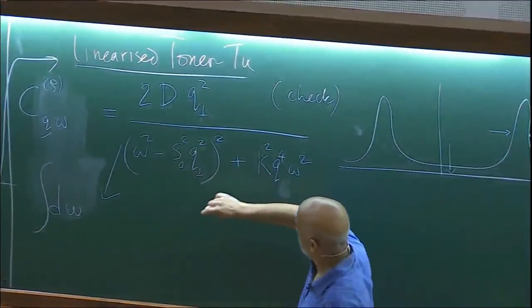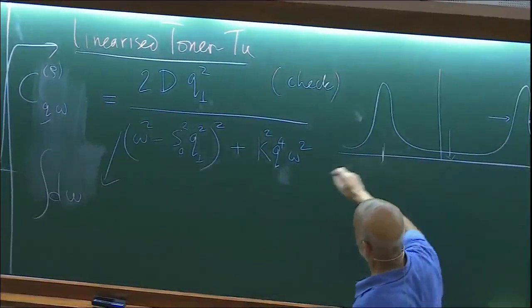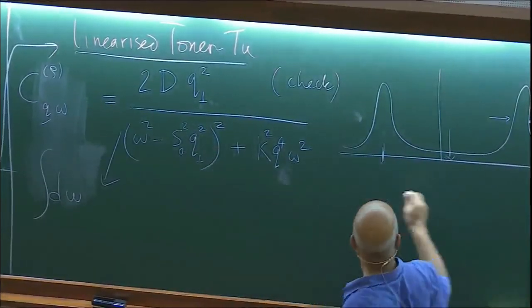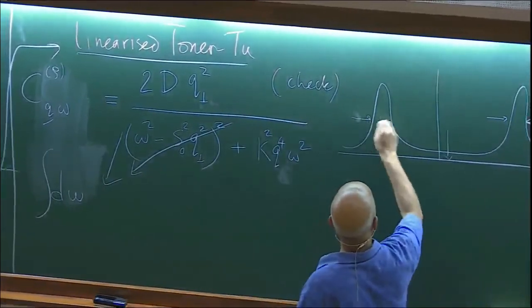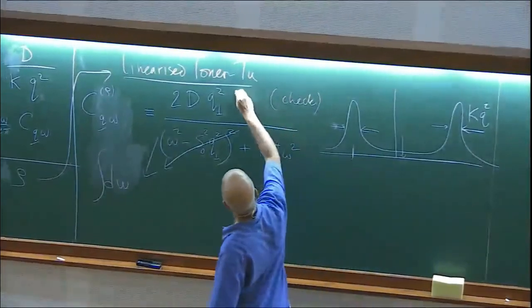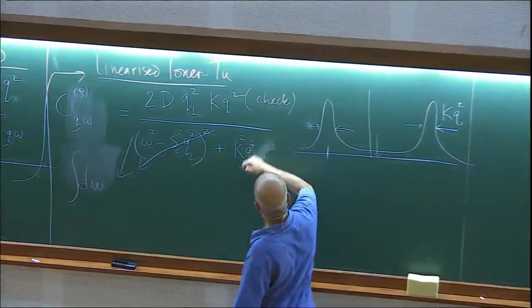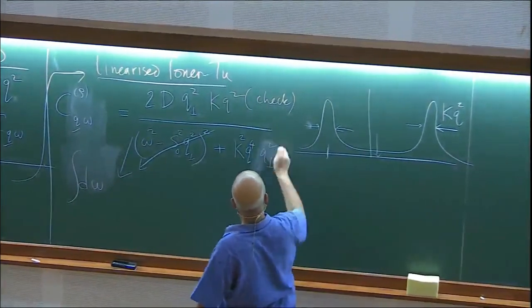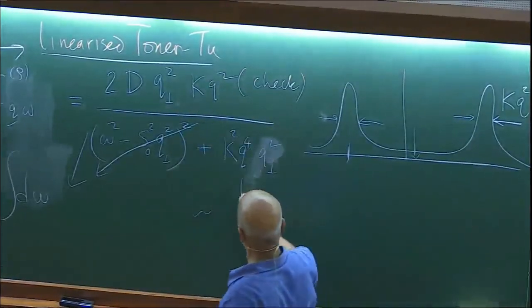The denominator is approximately estimated by setting this term to 0 because the dominant contribution comes from here, right? So that's gone. So you have this, and there is a width, and that width is kq squared, okay? And this omega you replace by a q perp squared. Okay, so that goes as 1 over q squared.